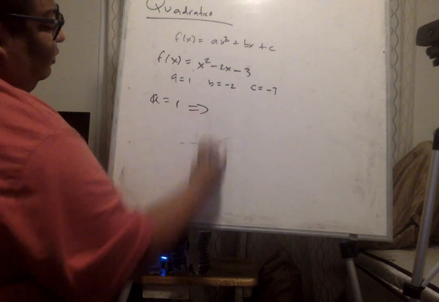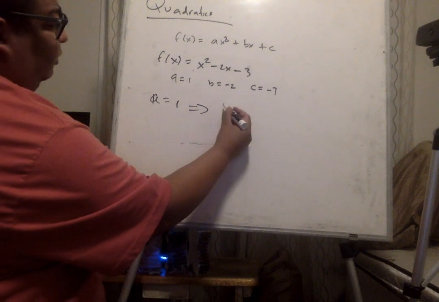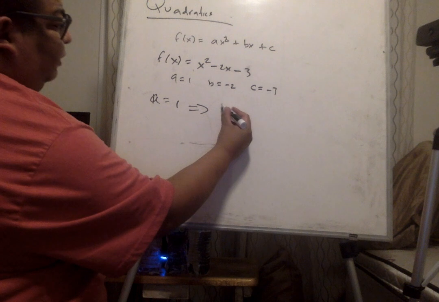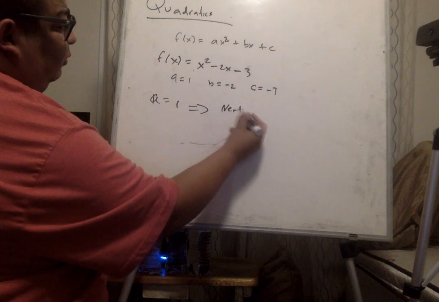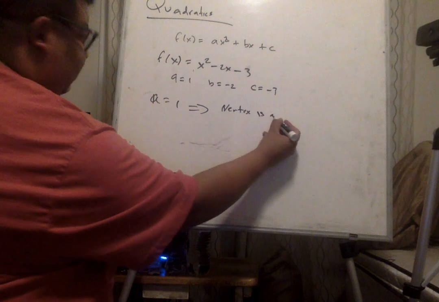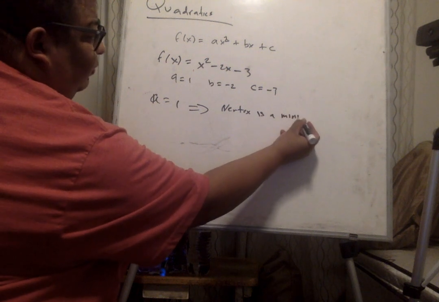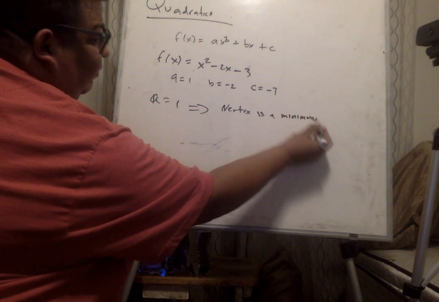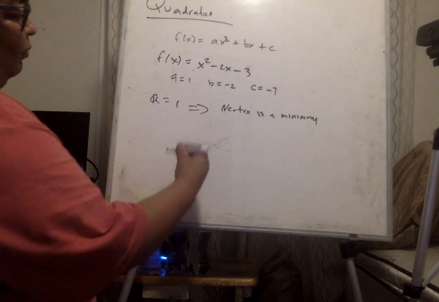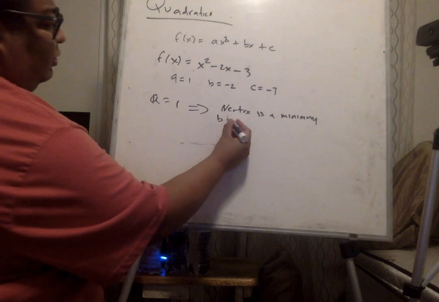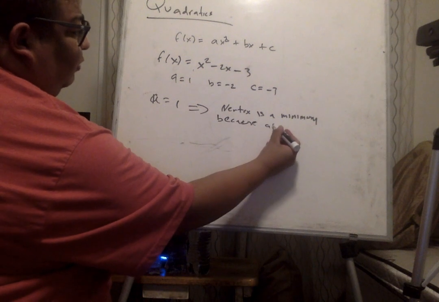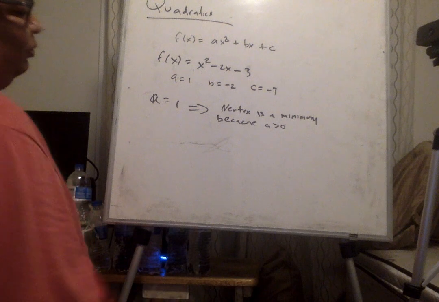This implies that the vertex is a minimum, because a is greater than 0, or positive.